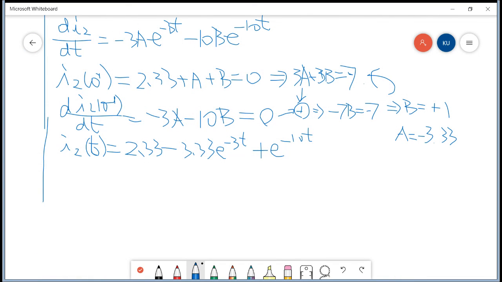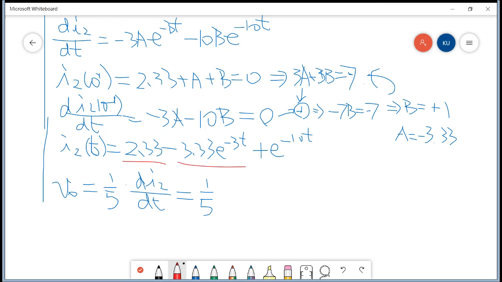So 1/5 first derivative of this one: the constant is 0, and for this one, 10 exponential to minus 3t and minus 10 exponential to minus 10t.